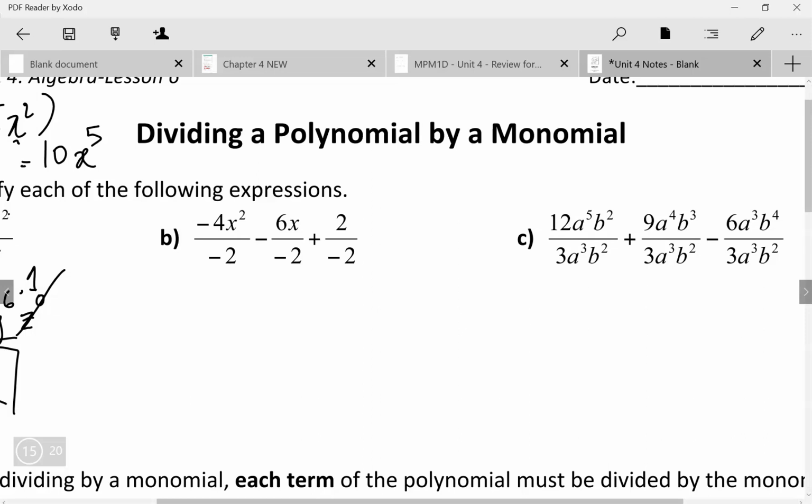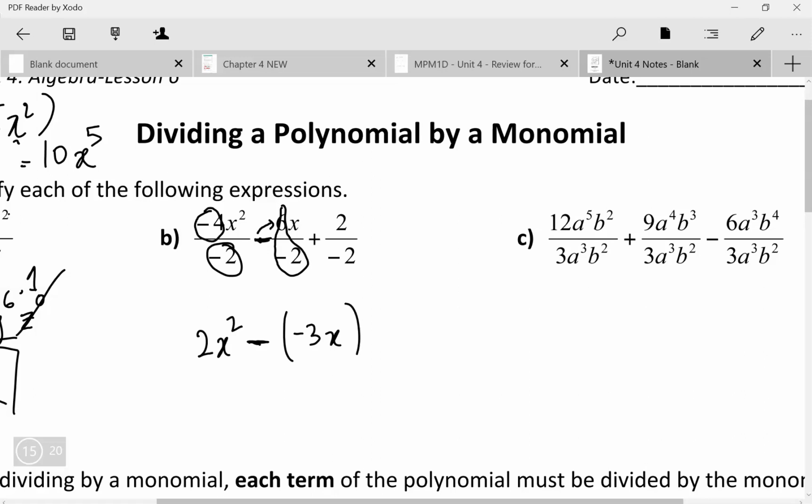Here we'll see that negative 4 divided by negative 2 gives us a 2x squared. So we're gonna put the minus sign here, because this is a subtraction. You could actually consider this negative as part of the 6x, and you just make this a positive sign. That is also an option, but we're going to leave the minus sign as a minus sign and do 6 divided by negative 2, giving us negative 3x.